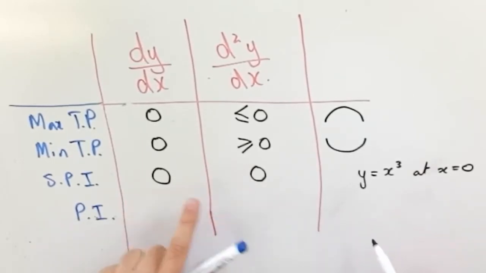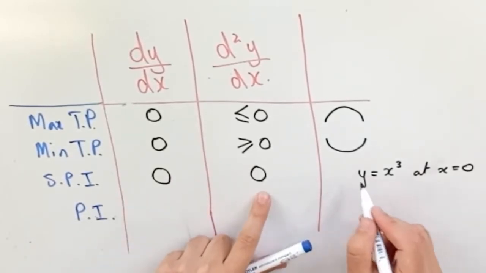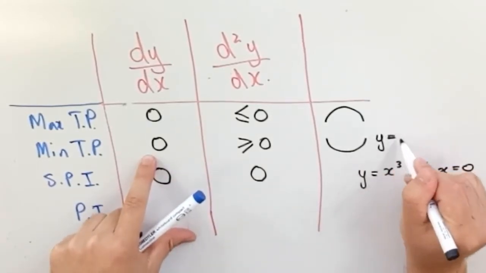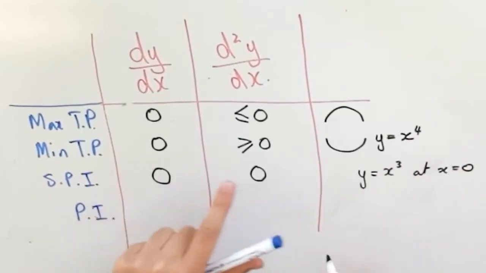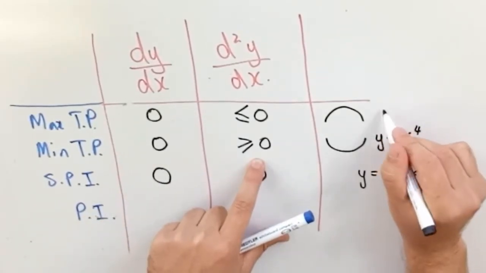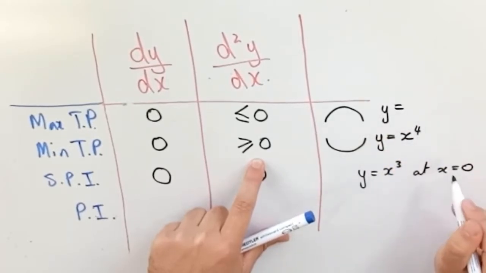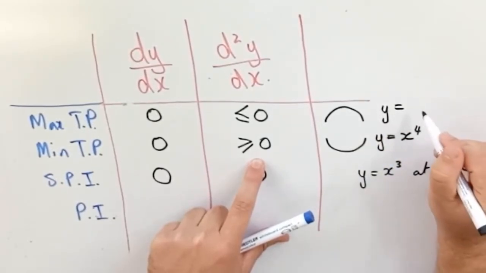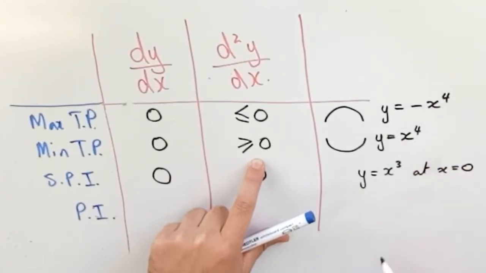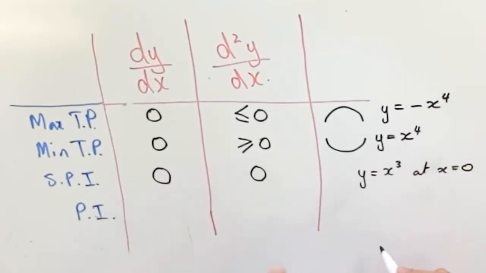We'll wait and see. So we've got this case, but if we want a minimum turning point, all we'll have to do is go x to the 4, and we've got 0 for both cases. Or if I just flip that upside down, y equals negative x to the 4, then I should have that case there.